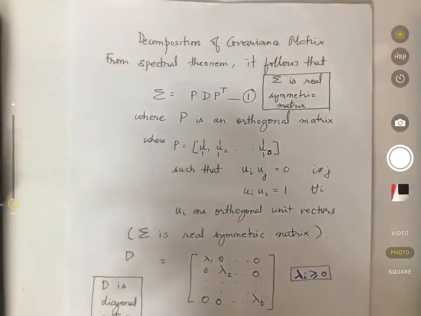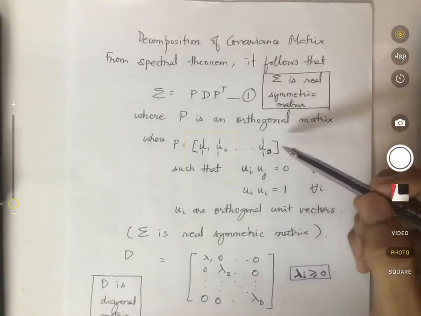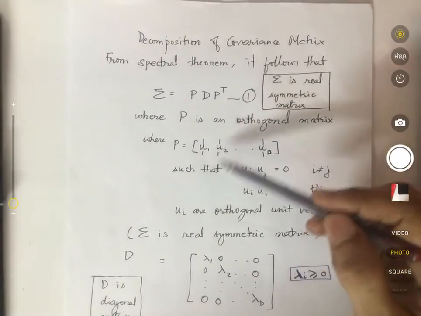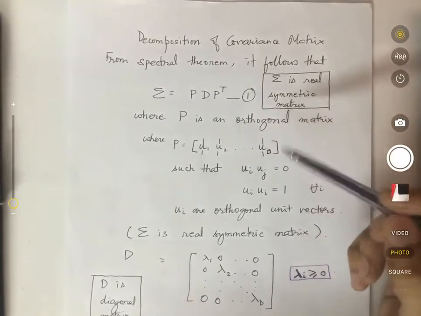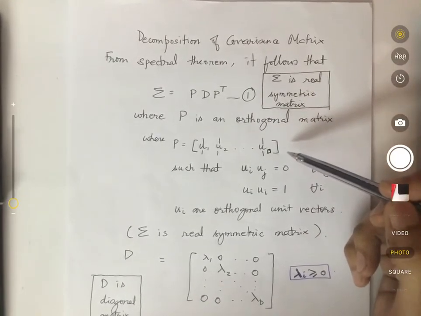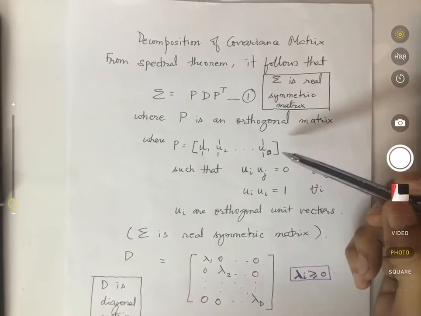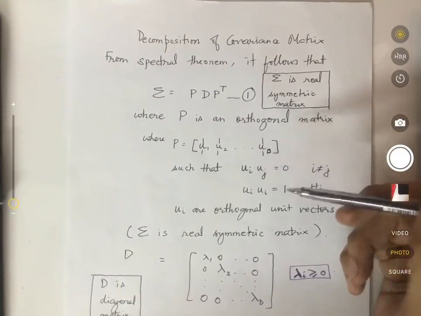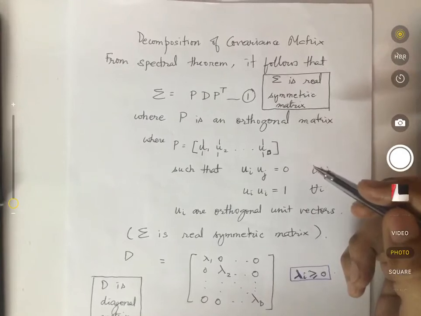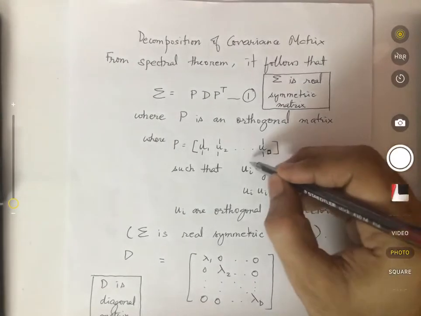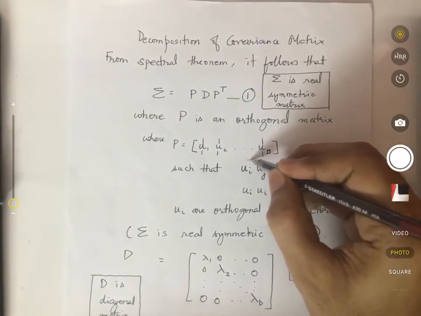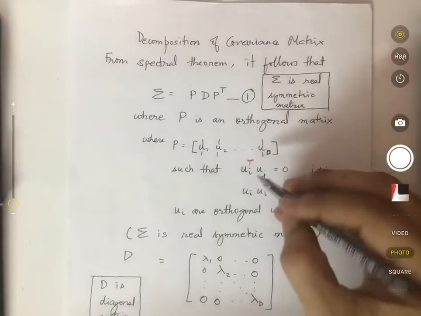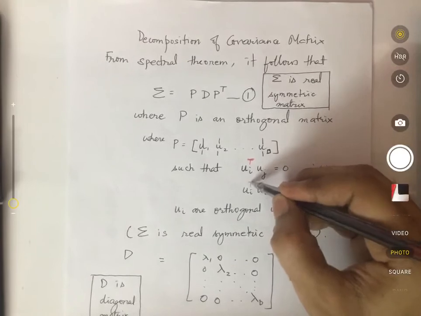Now the P can be written in this form, where the column vectors are all orthogonal unit vectors, which means that ui transpose uj equals 0, and ui transpose ui equals 1.